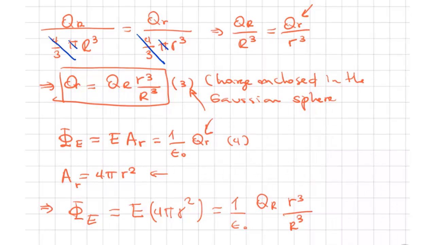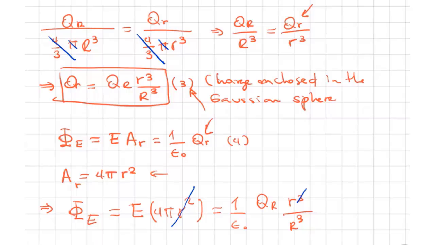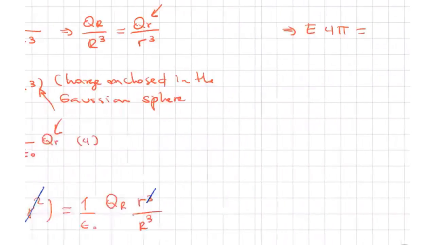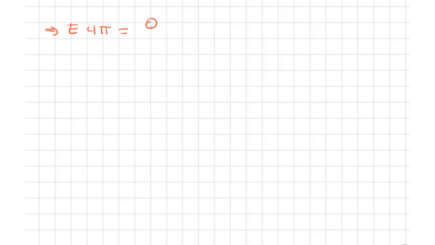So this r squared cancels with this term, and the result is E multiplying 4π equal to QR r divided by epsilon 0 R cubed.